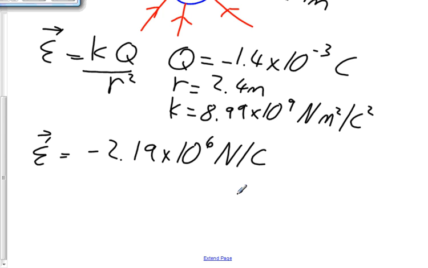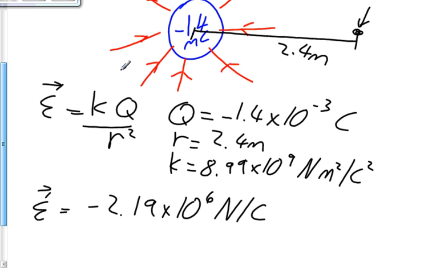So every coulomb I would put at this location would feel an attractive force. So every time I'd put, let's say, a coulomb right here, it would experience a force of 2.19 by 10 to the 6 newtons, or 2.19 meganewtons, and that would be an attractive force.